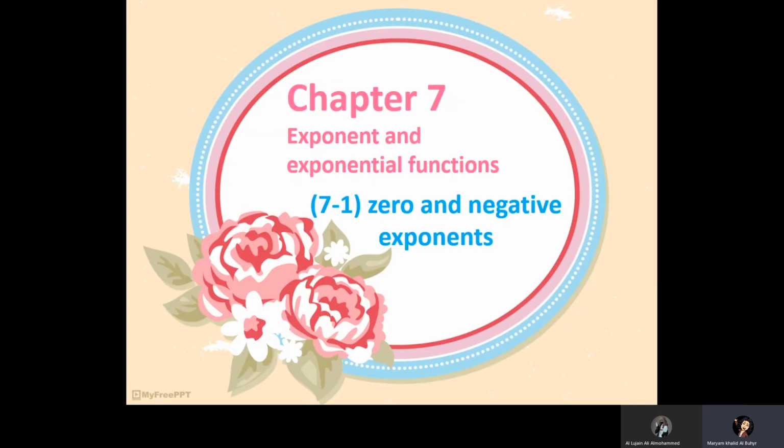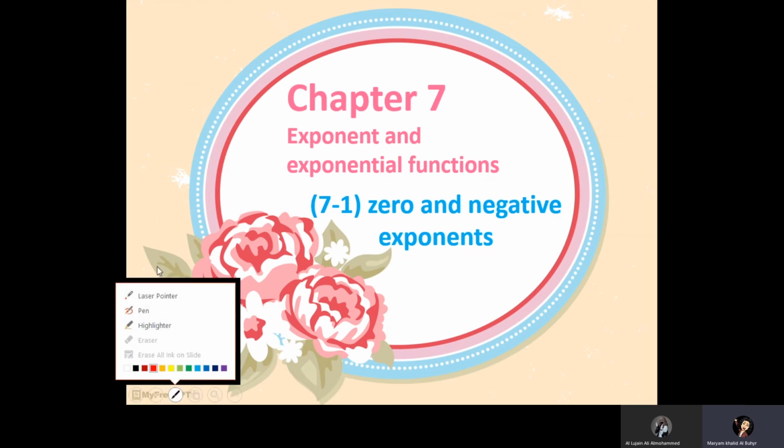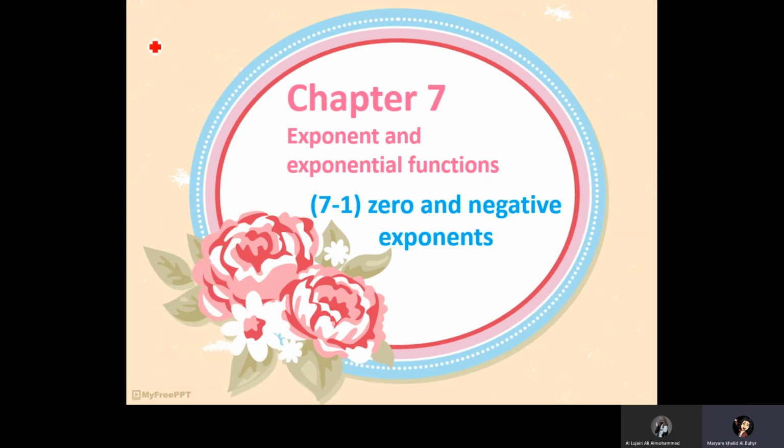Now today we are going to start exponents and exponential functions. So the first lesson will be about zero and negative exponents. First of all, let me remind you what an exponent is. We said before, if we have, for example, 2 times 2 times 2, we can rewrite this expression as 2 to the power 3.